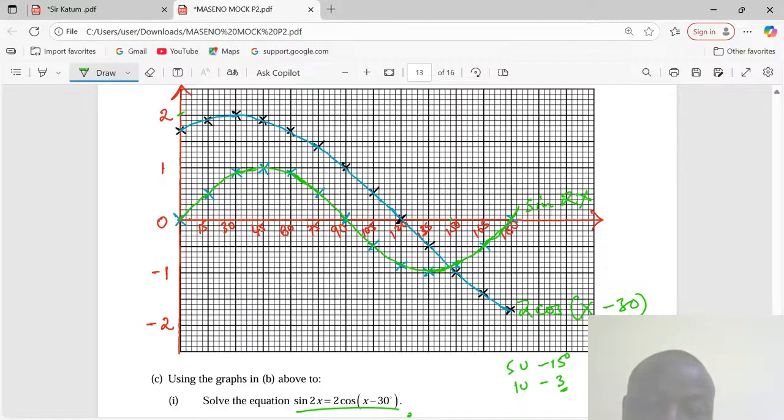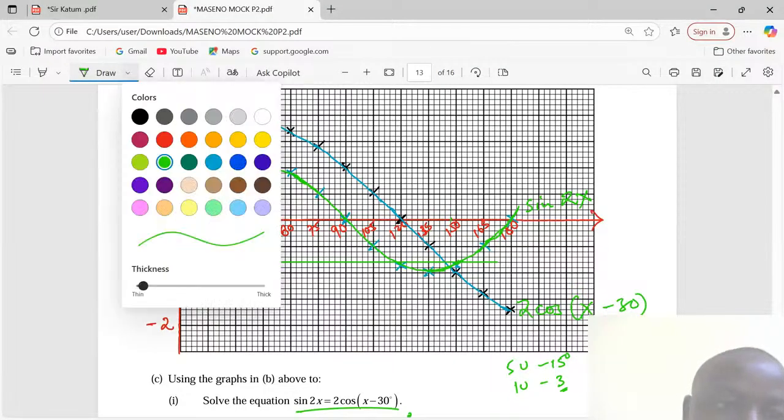So now we're supposed to go to this particular curve, then we check where negative 0.8 is. Negative 0.8 is at this point. Then we check what value of x is giving us such a value of y. We draw like that.